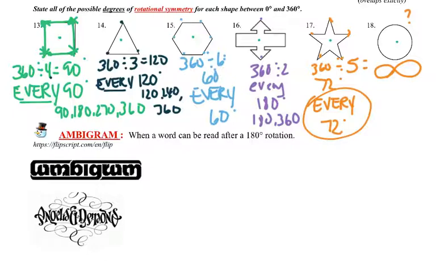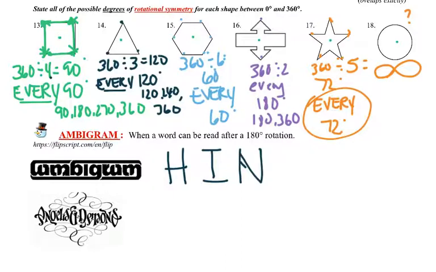But let's just write down some capital letters that are the same when you flip them upside down. Go through the alphabet: A, B, C, D, E, F, G, H. Could a capital H be also an H when it's upside down? What about an I? Sure. What about a J? K, L, M, N is actually the same as I flip it upside down.